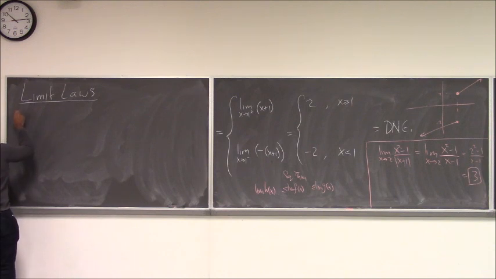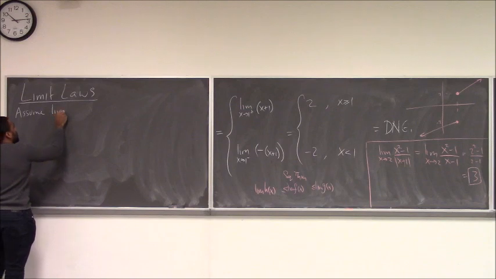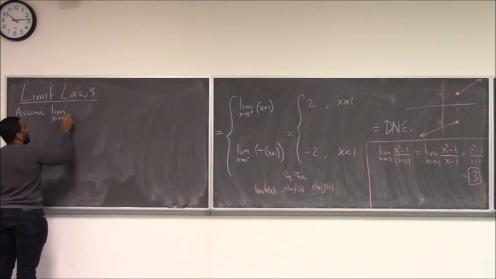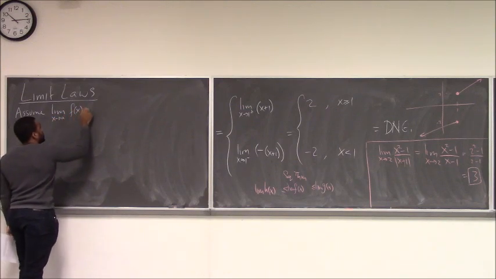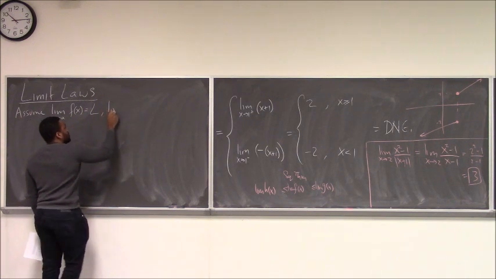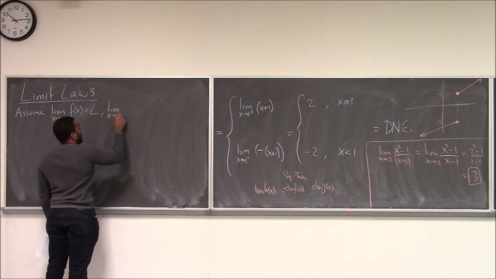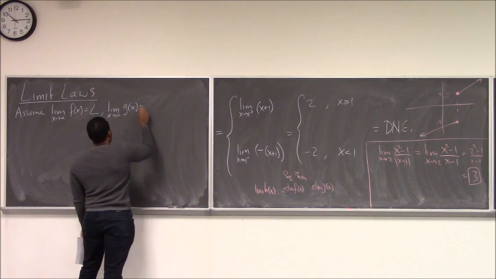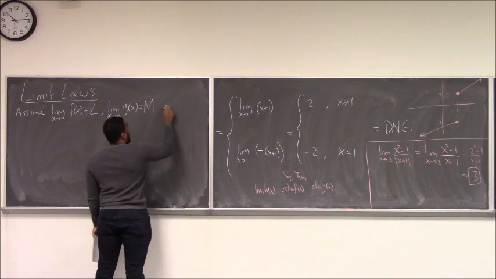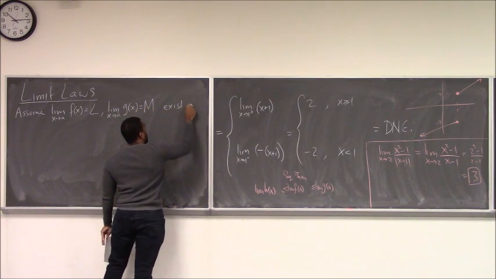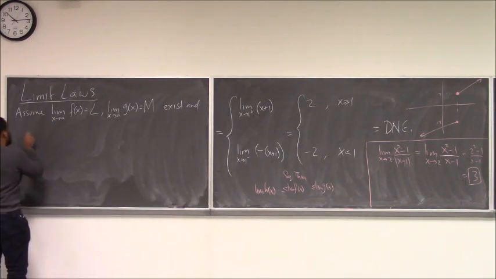So, assume the limit as x approaches a of f of x equals L, and the limit as x approaches a of g of x equals M, exist and are finite.